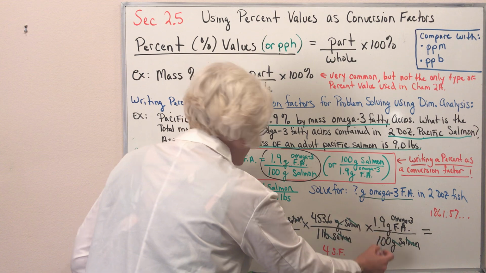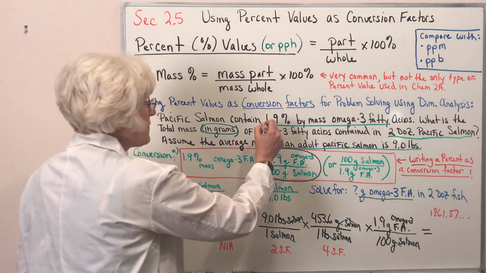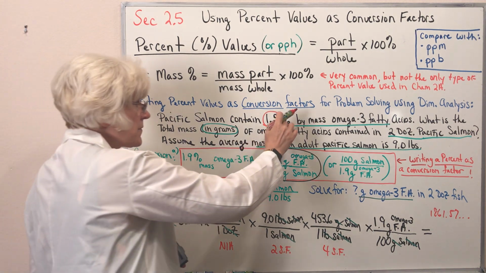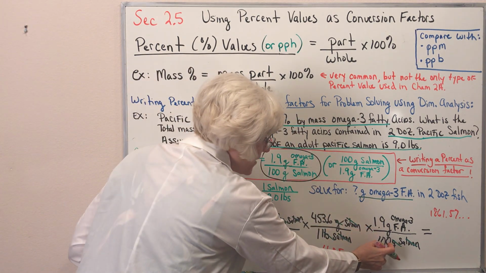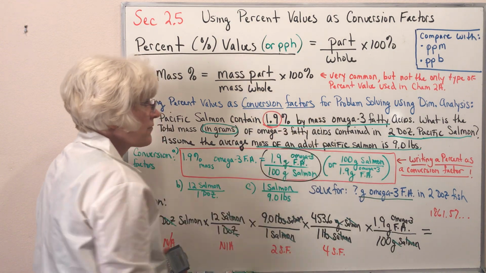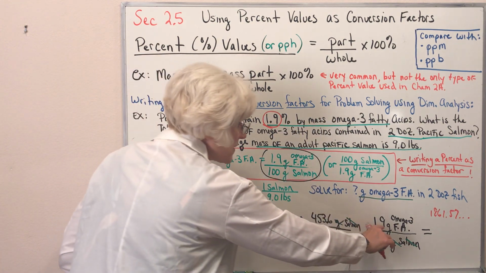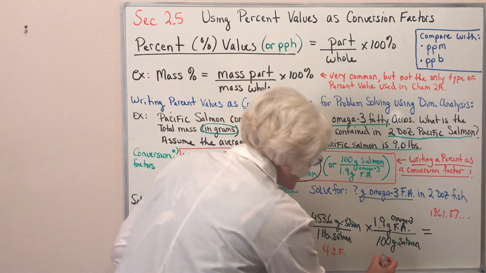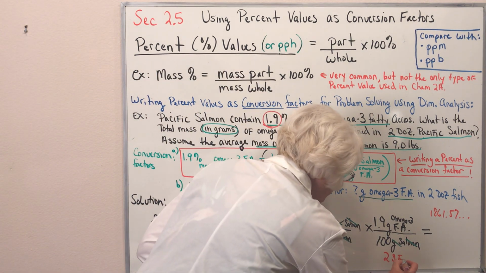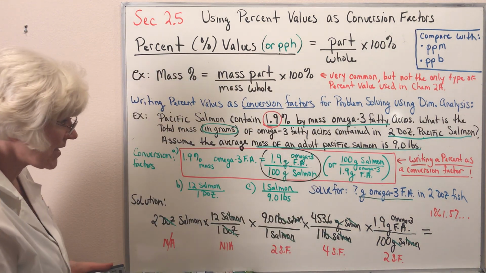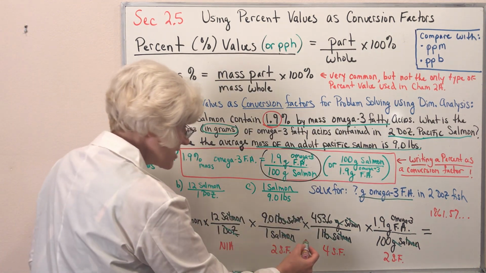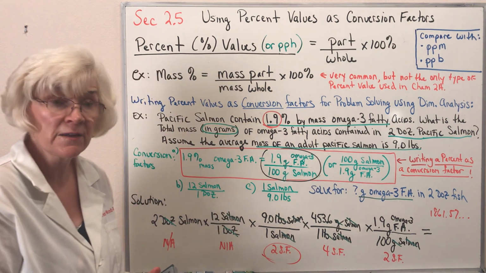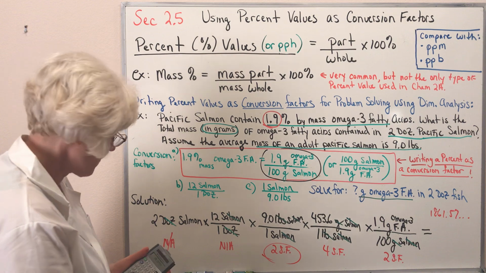When we come to the mass percent, the sig figs are found with the decimal number associated with the percent sign, meaning the 100 is exact. We wrote that from the percent sign, and the decimal 1.9 is a measured value. It has uncertainty, 2 sig figs to that. Looking at our calculation, multiplication, division, our answer can have no more than the smallest number of sig figs used, which is 2 sig figs.